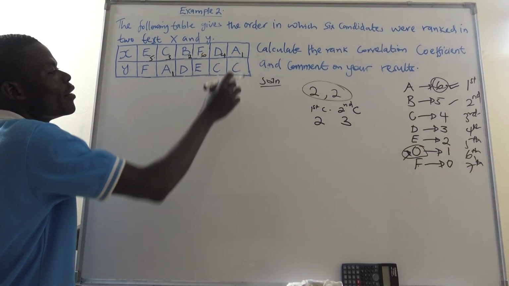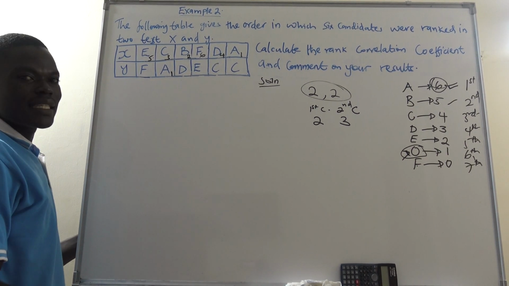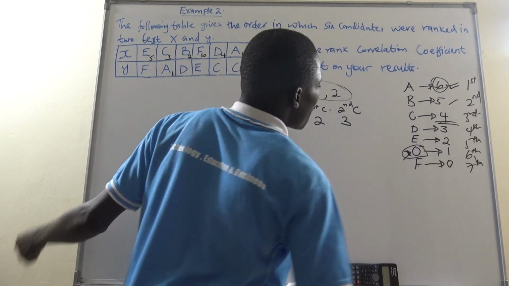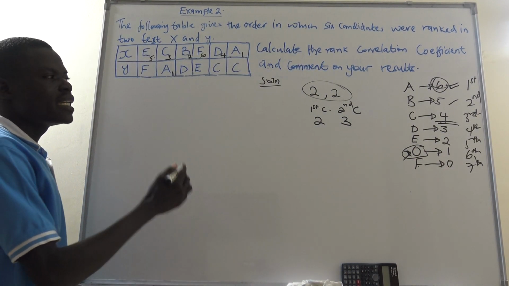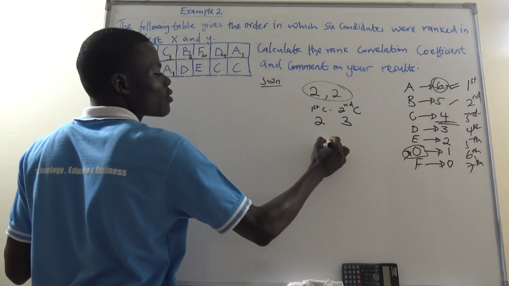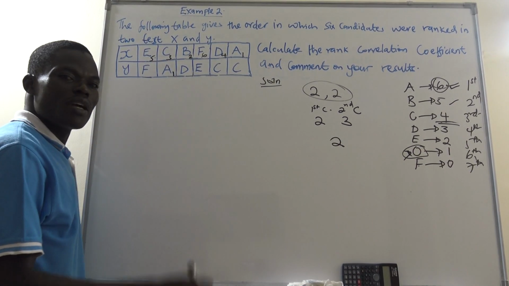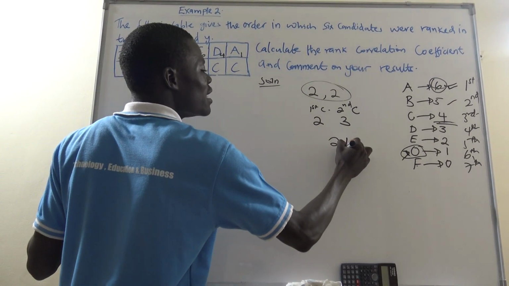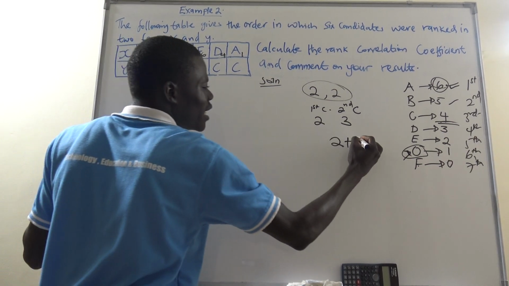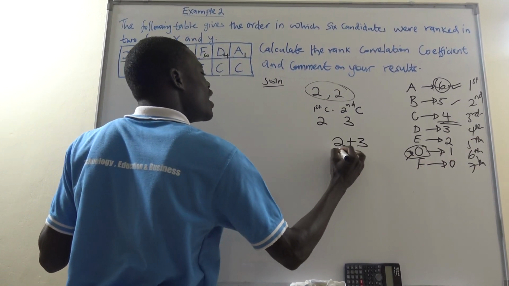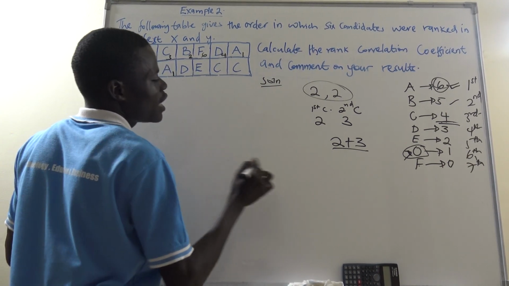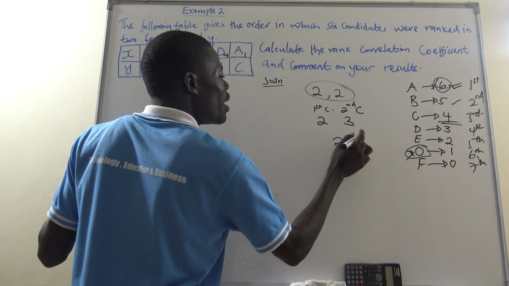But these letters are the same, all of them C, equal to 4 points. Since they are the same, you get the average of their positions: the second position plus the third position, divided by the number of items, which is 2.